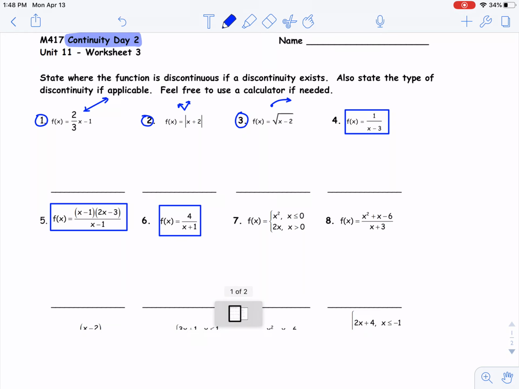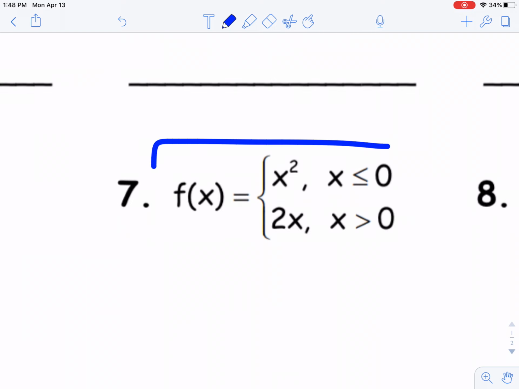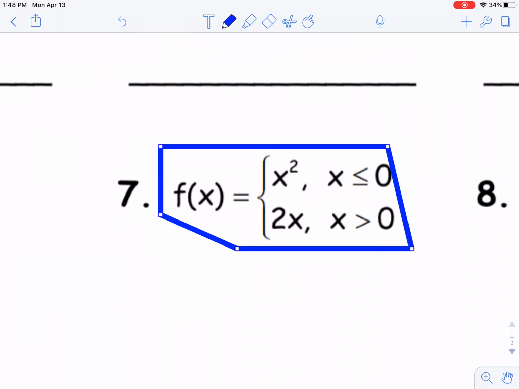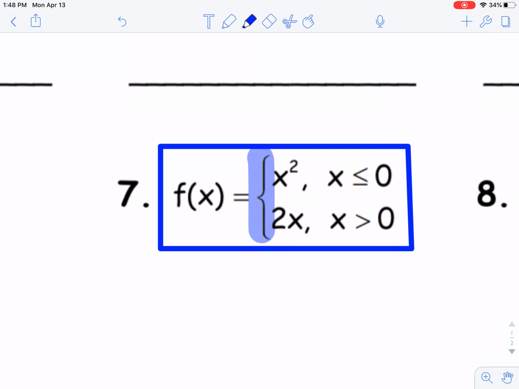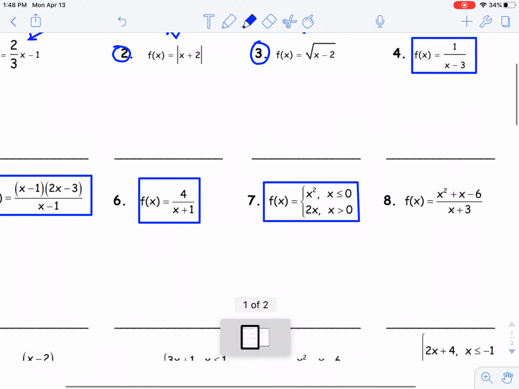All right? When the function is what we call piecewise, how do I know when it's piecewise? It's piecewise when it has this weird brace, and then there's two equations with it, okay? That will either have a jump discontinuity or it will be continuous. Those are your only two options.